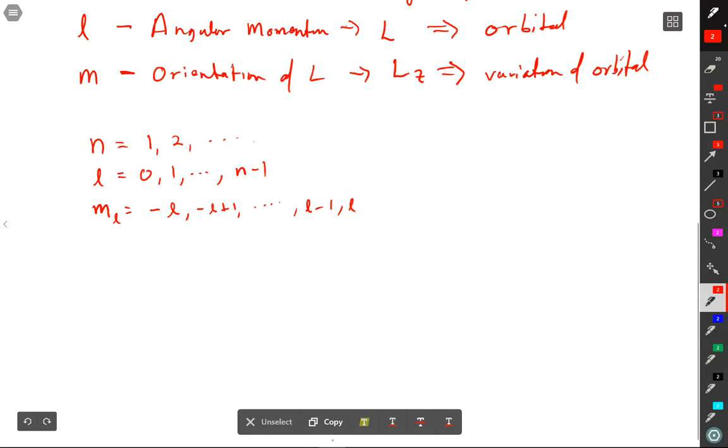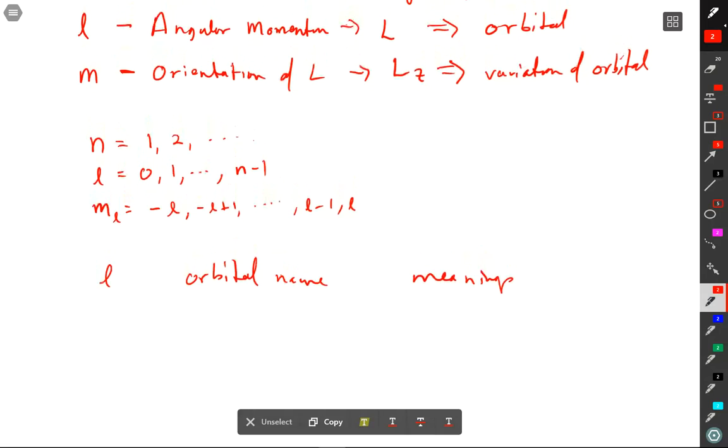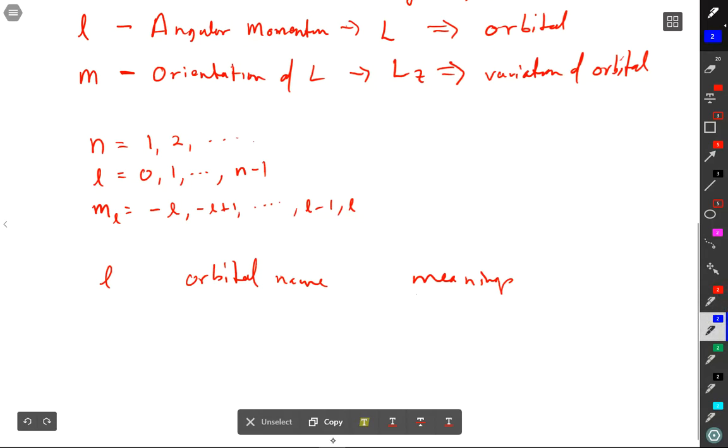So now these L's, the actual names for the orbitals, come from spectroscopy. People looked at the spectra and said, oh, if it has this orbital, it looks like this. I don't remember them, but I remember what the first one is. If L is equal to 0, that's an S orbital.